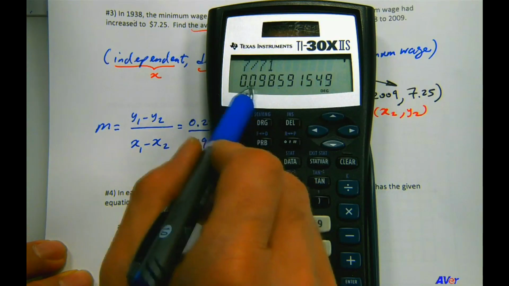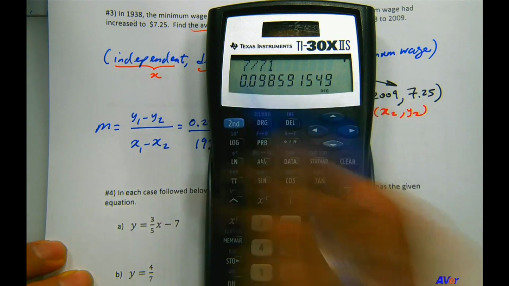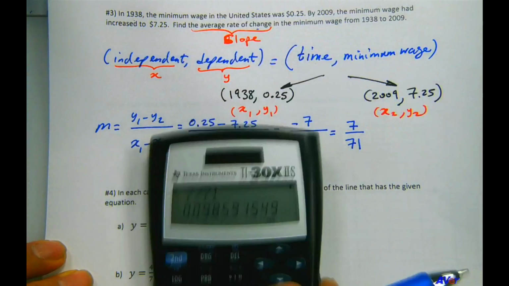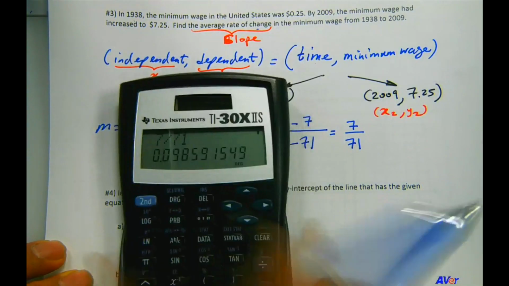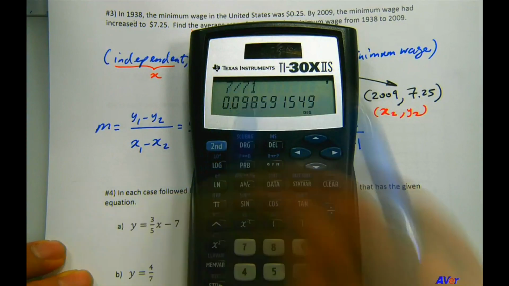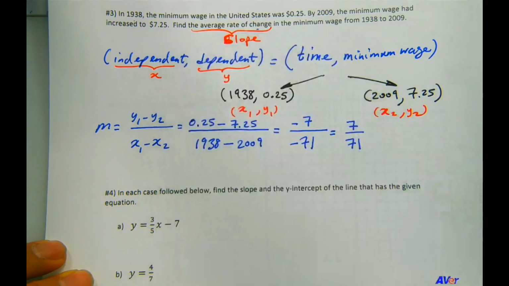So I'm going to round this to 0.1. We could do that for the purpose of this problem. Either that, or we can keep this and say 0.099, or we can round that 8 to 9. It makes no difference.